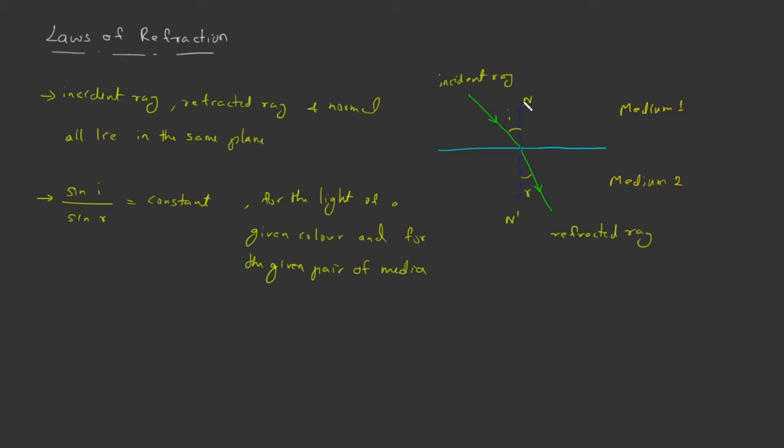That is, sine of the angle of incidence, that is I, divided by sine of the angle of refraction, that is R, is a constant. This law is also called Snell's law of refraction.